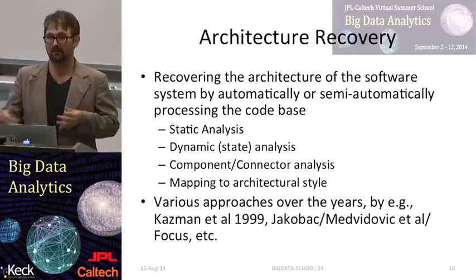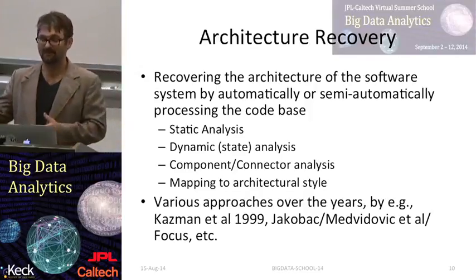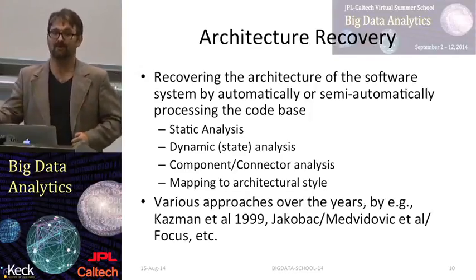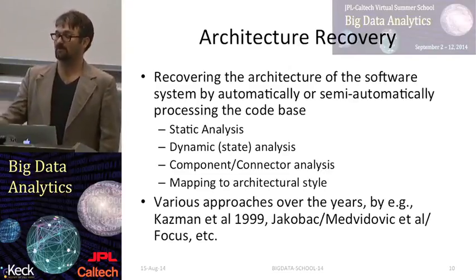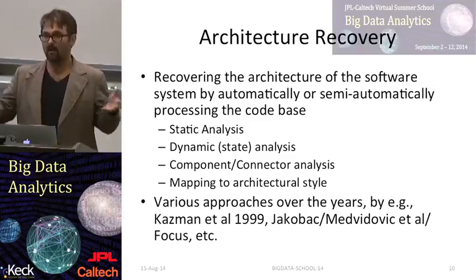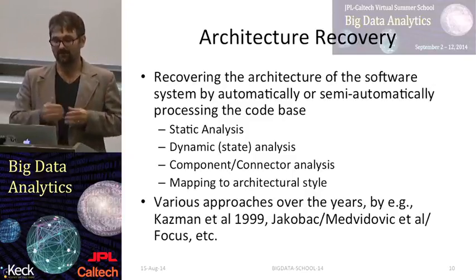It's what you constantly are working on. You may even have great architectural design and all these documents, but eventually you get to the code, and that's really where the investment is going to go in terms of maintaining. So the best way is to have some process for automatically, or as automatically as possible, recovering an architectural model from that. And that's the process of architecture recovery.